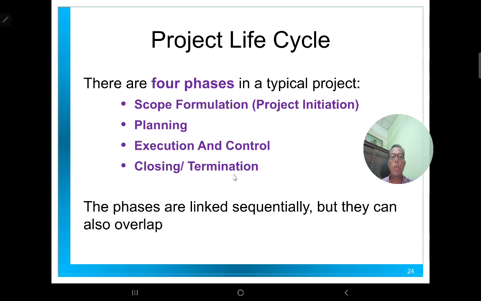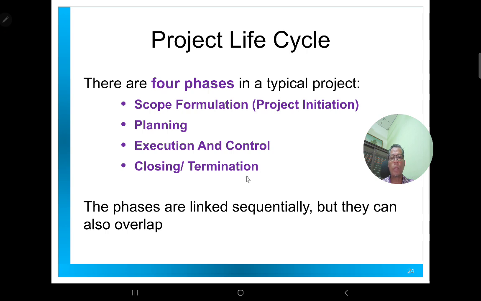At the end of the day, once you have identified that you have achieved all the objectives of the project and all the scope has been fulfilled, then you should be prepared for the closing or termination of the project. This includes settling all the facilities, closing the premises, and preparing all the reports and presentations to your stakeholders or your customers.